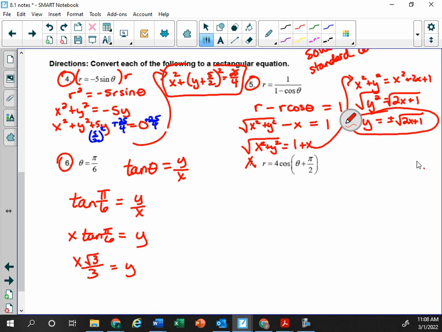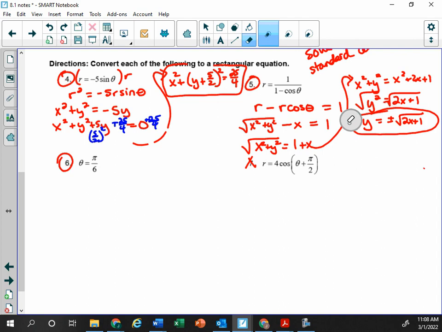Are you ready for 6? Let me just walk you through it. So 6 obviously looks completely different than anything else that you did on this page. You just have that theta equals pi over 6. Well, if I'm trying to convert it into rectangular where I have the x and the y, the thing that I know that has an x and a y is tangent. So I would think about tangent of theta equals y over x.